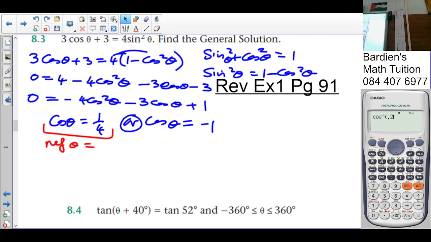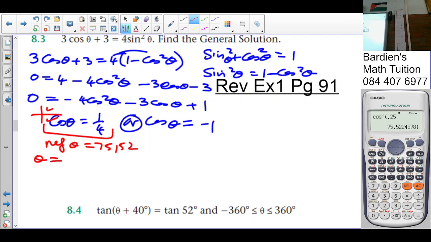Arc cos of a quarter gives us 75,52. Okay, so which quadrant is cos positive? 1 and 4. So theta is equal to 75.